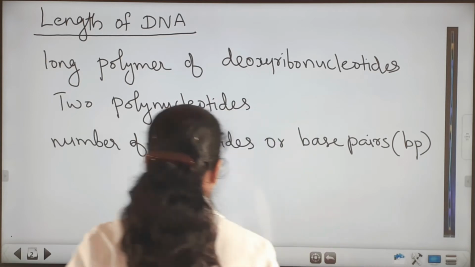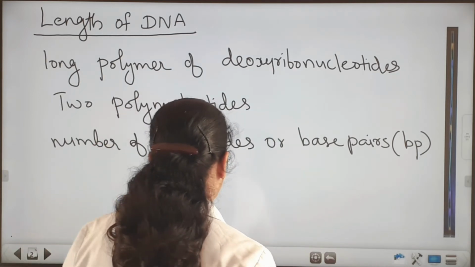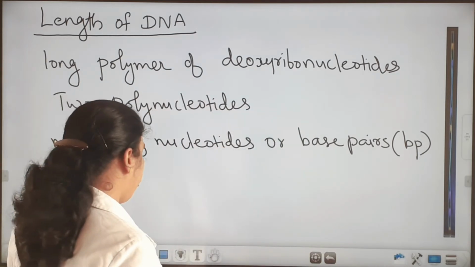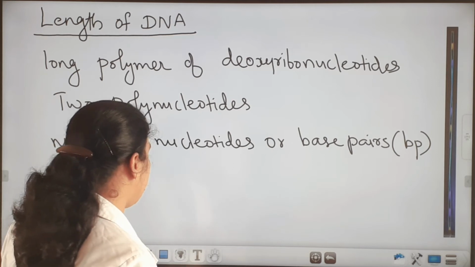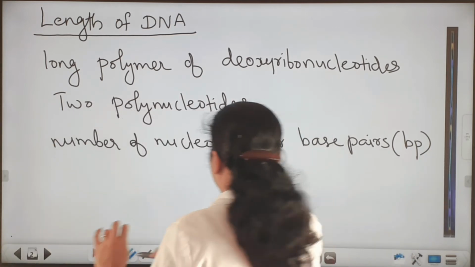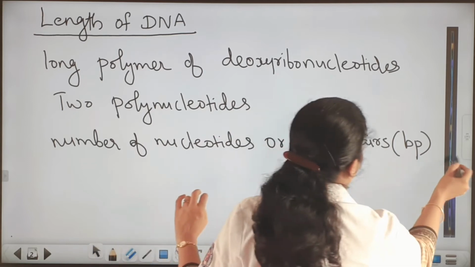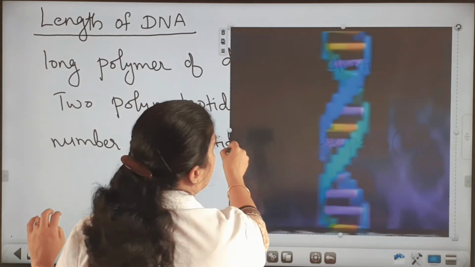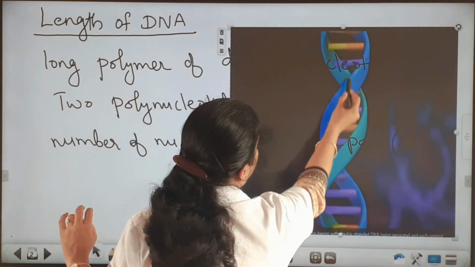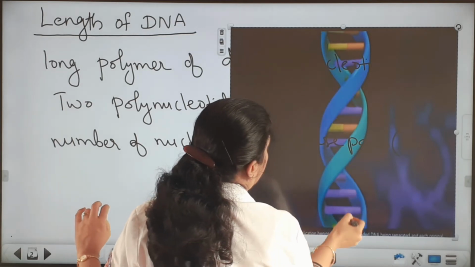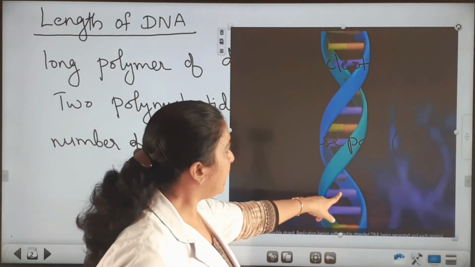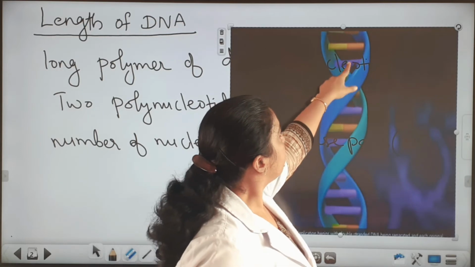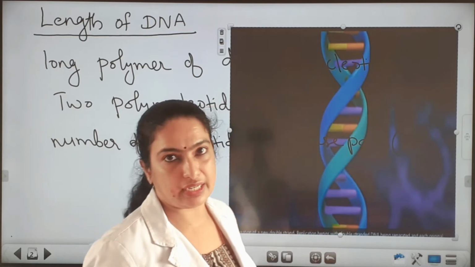BP, base pairs. Base pairs means a pair of complementary strands of DNA, a pair of nucleotides. I will show you a pair of nucleotides. So here these are the base pairs. Based on the number of base pairs we can define the length of the DNA.